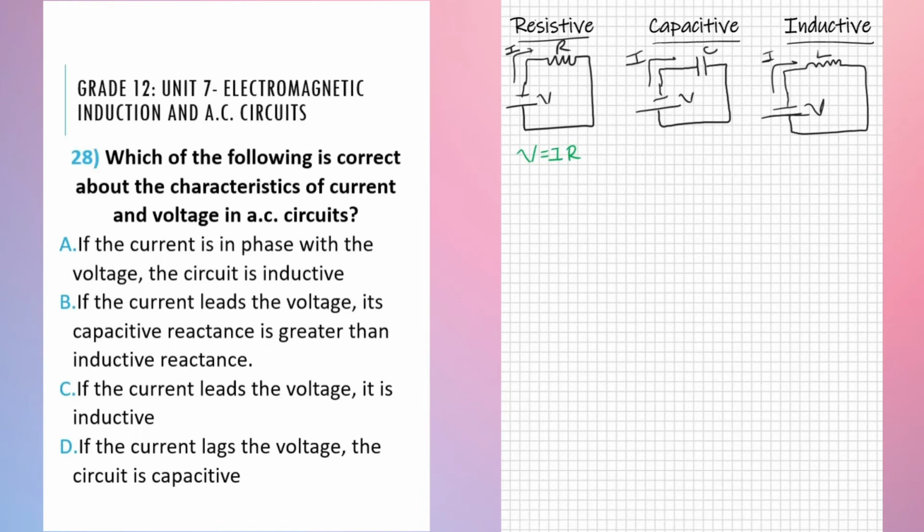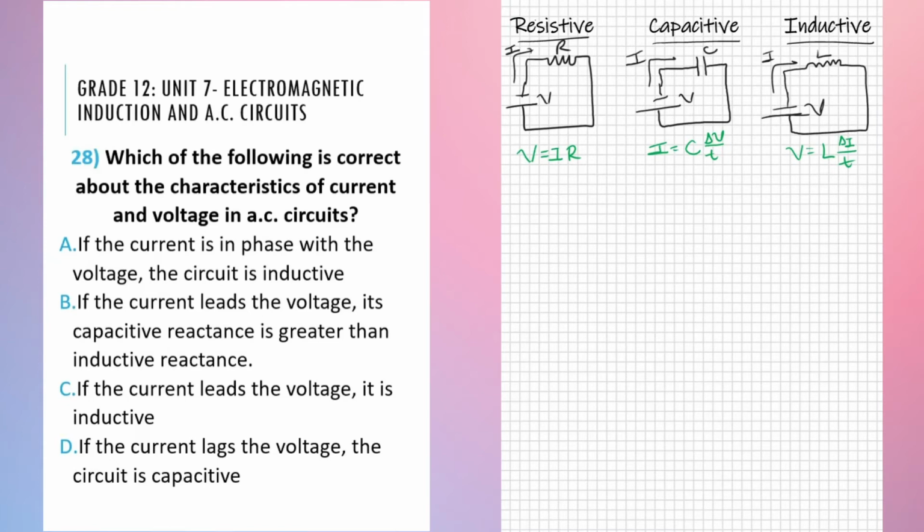For a capacitive circuit, the current is equal to the capacitance multiplied by the change in voltage over time. And for an inductor, the voltage is equal to the inductance multiplied by the change in current over time. So these formulas are slightly different. They actually have a big impact when we're talking about AC circuits or alternating currents.